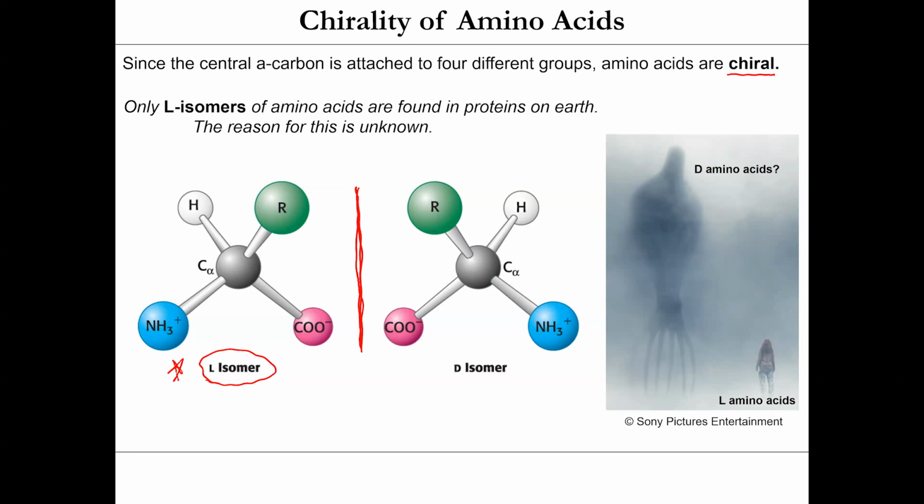So you just have to think possibly, back in our evolutionary history, for some reason, the L isomer was the dominant form, and it's the only form of amino acids that are found in proteins on Earth. We know all humans are made up of proteins made out of only L amino acids. But if there's some alien species or something out there that uses D amino acids, we've yet to discover that. But it's an interesting feature of amino acids.